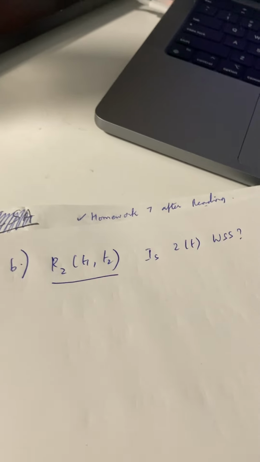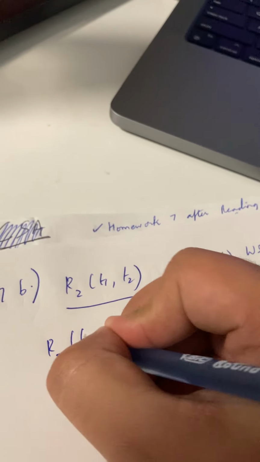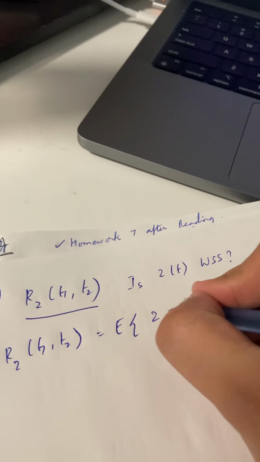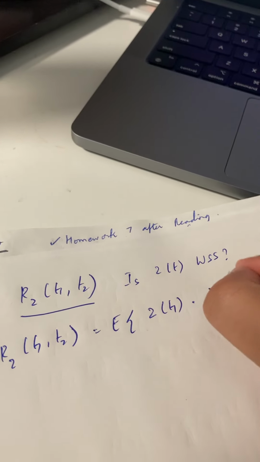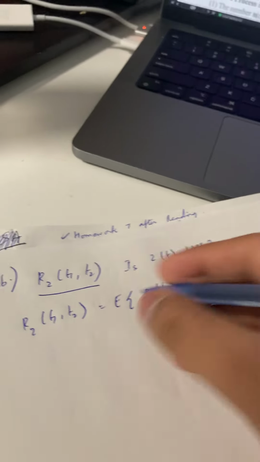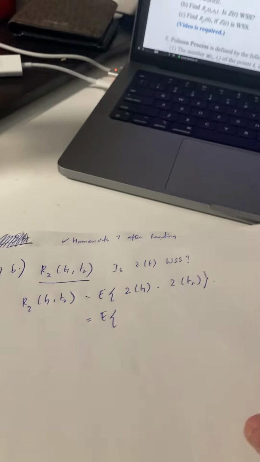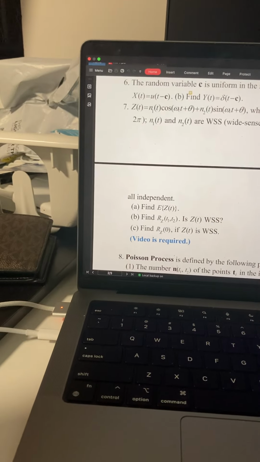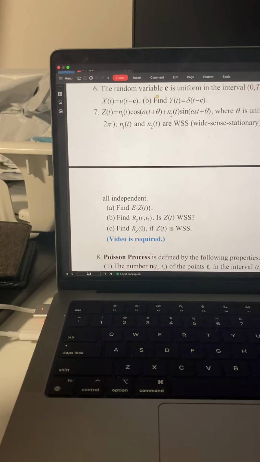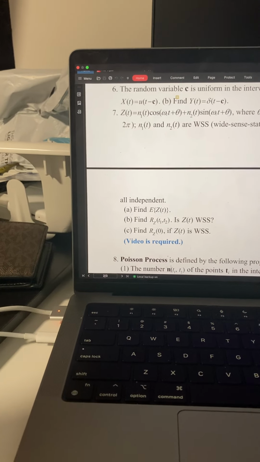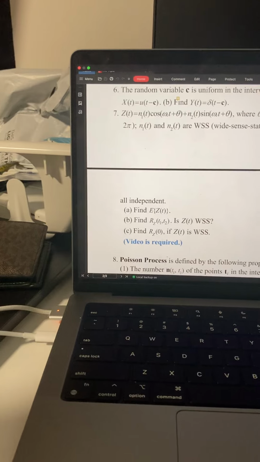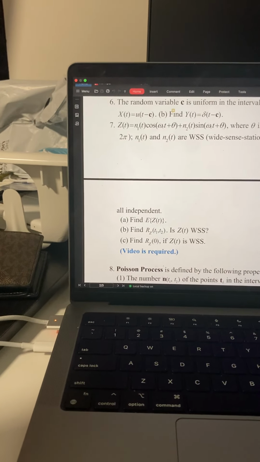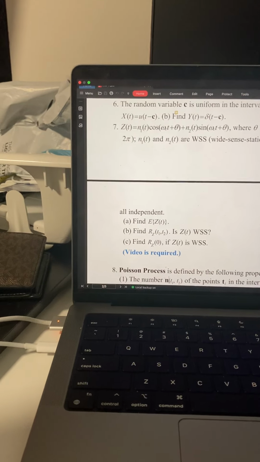We can write Rz of t1 comma t2 as the expected value of z of t1 into z of t2. Z of t1 is n1 of t1 cos of omega c t1 plus theta, plus n2 of t1 sine of omega c t1 plus theta.